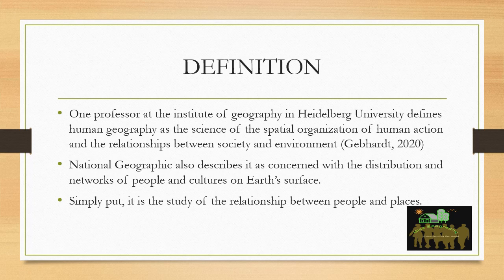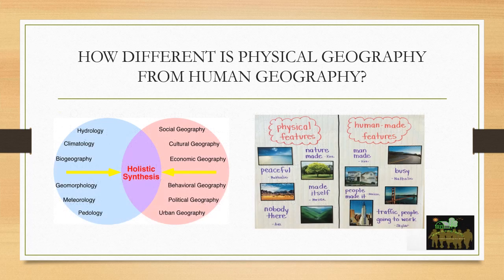How different is physical geography from human geography? From this slide, we can see 2 different images. From the picture on our left hand side, which happens to be like a Venn diagram, we see 2 circles that are overlapping each other.